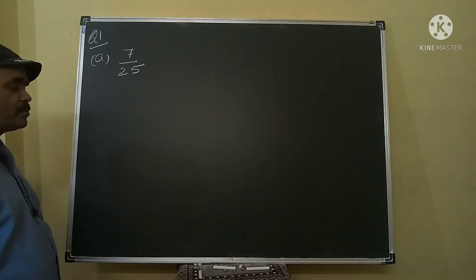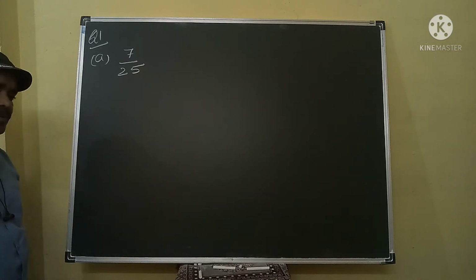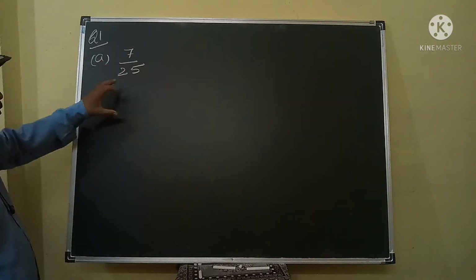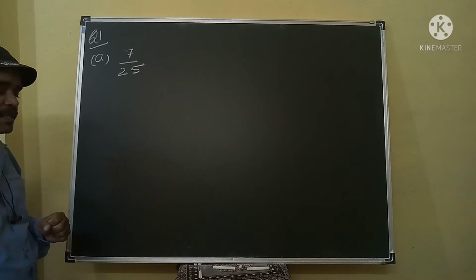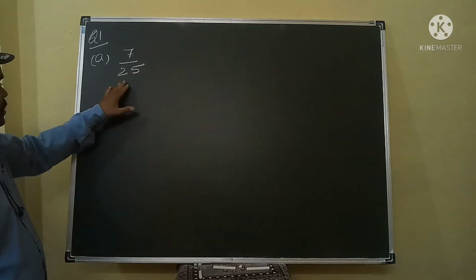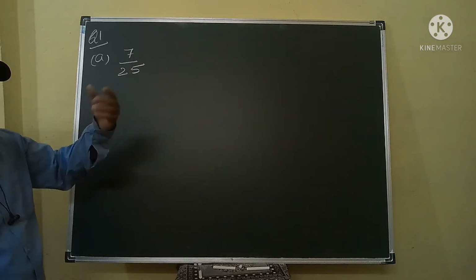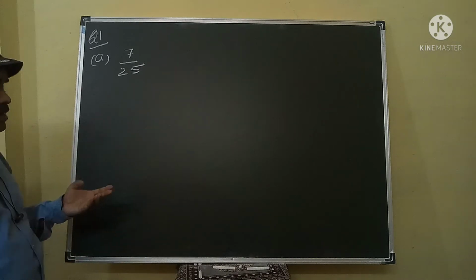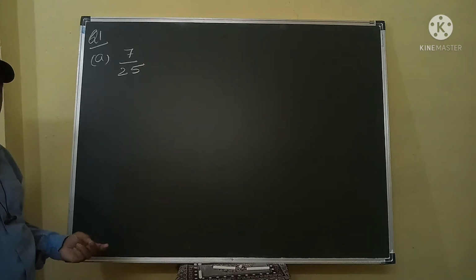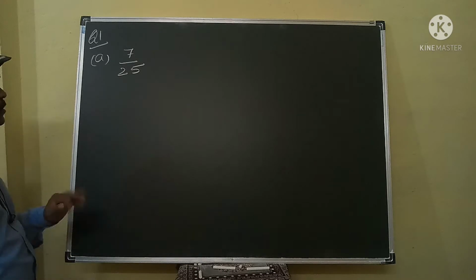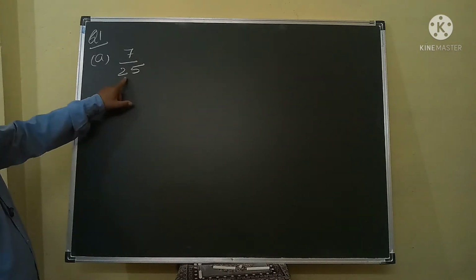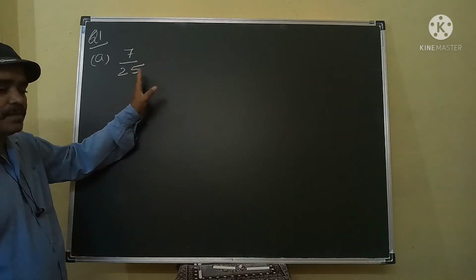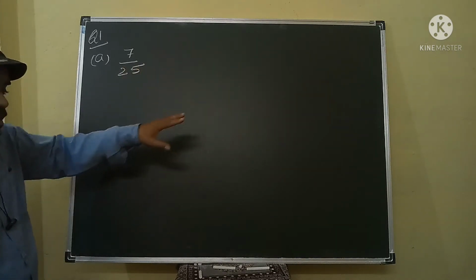So what will we do? Kindly keep in mind, in this type of question, what is your first step? That means the denominator we will convert to 10, 100, 1000 and so on. This is 25, and 25 we can easily convert to 100.